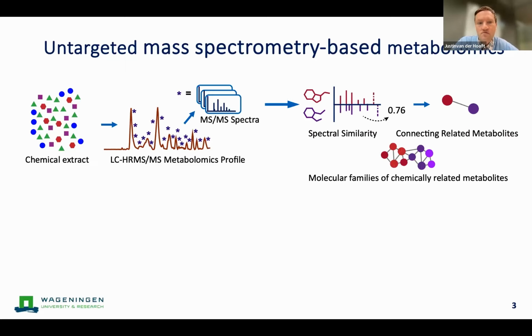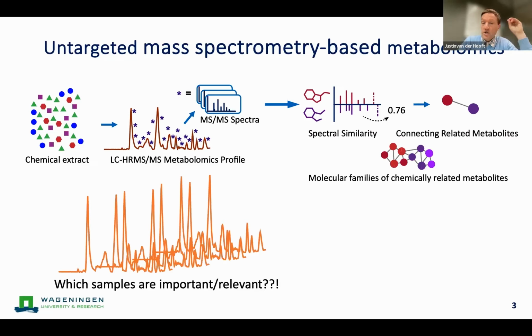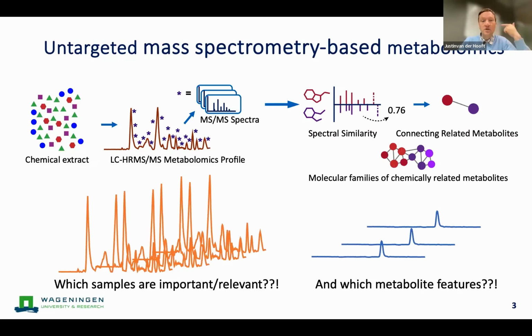We call them molecular families of chemically related metabolites. Of course, that is under the assumption that chemically related metabolites share sufficient spectral similarity to be grouped. That's all nice. However, it doesn't necessarily answer the questions which samples are important and which features in your samples are important.